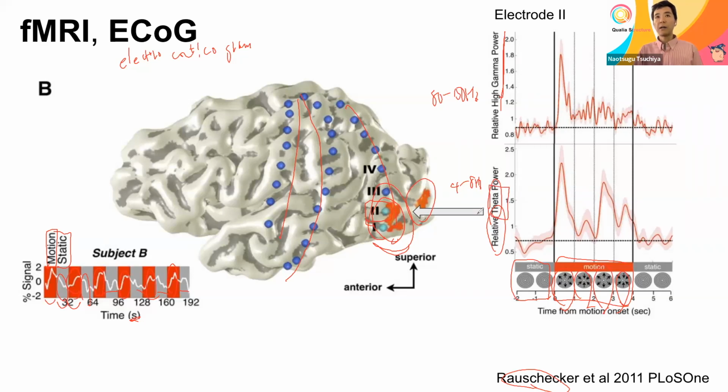In the case of theta, electrode number 2 goes up for the expanding motion, but not for the contraction. And in the case of high gamma, it in general increased, but at the beginning of this expansion, it showed a very, very strong response. And when they looked at other electrodes, none of them showed this kind of pattern, only electrode number 2.